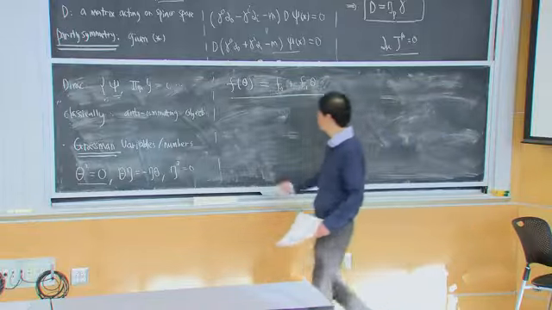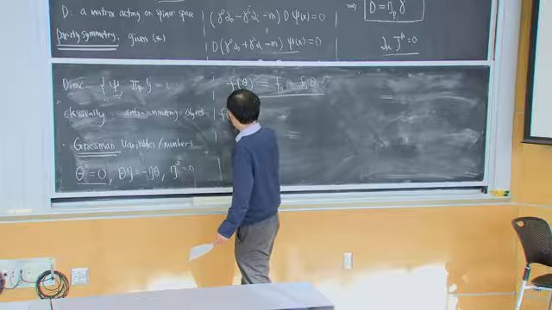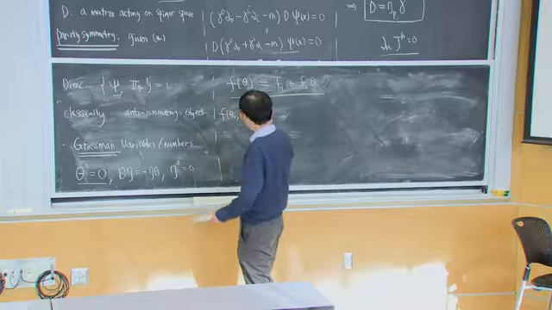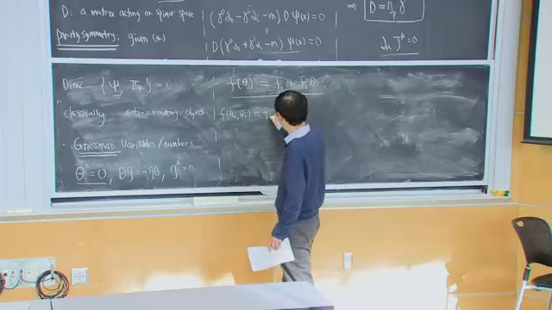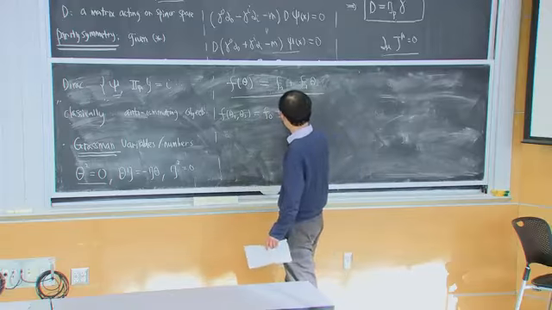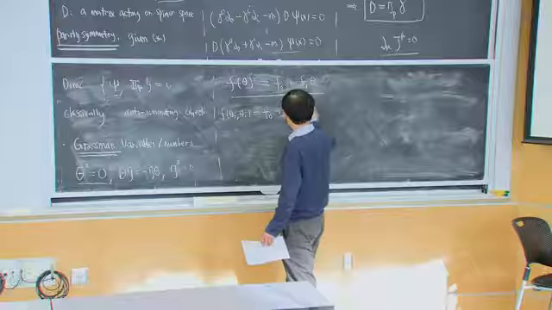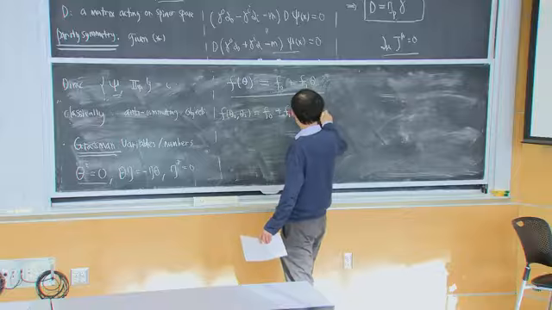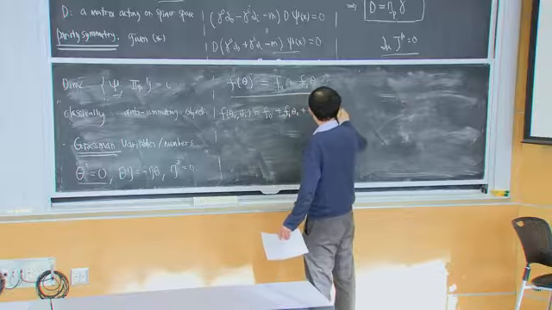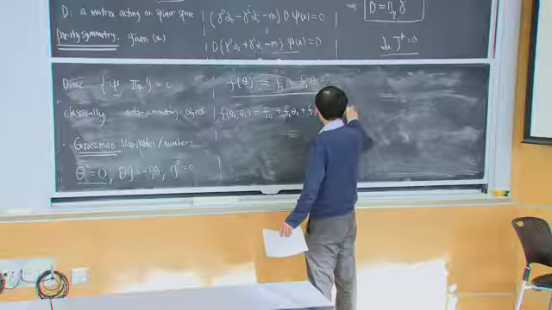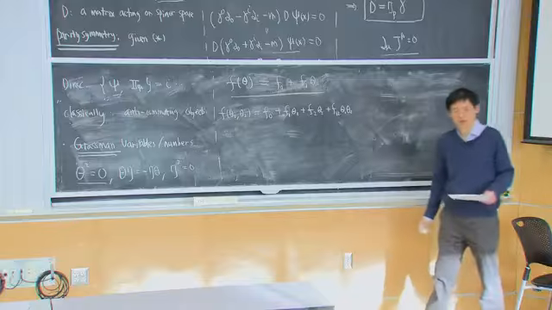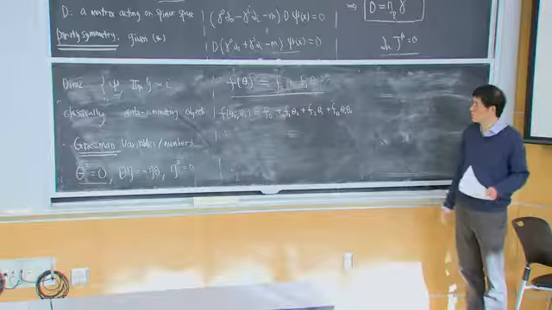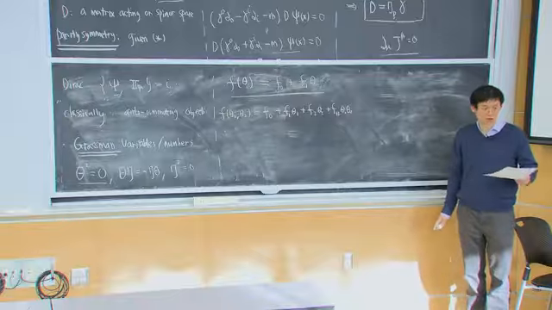And if you have two variables, theta 1 and theta 2, then you just expand until you encounter squares: you have f0 plus f1 theta 1 plus f2 theta 2 plus f12 theta 1 theta 2. That's it, because any other term would involve either theta 1 squared or theta 2 squared, which will be 0.